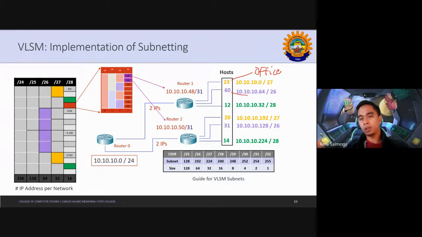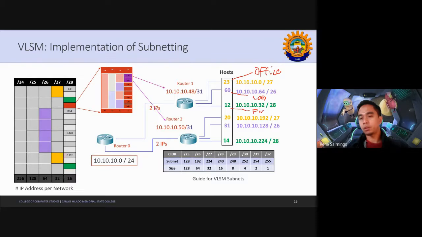So this would be the laboratory. You have 60 computers to allocate, and you have 12 computers to be used in another, let's say, finance department.